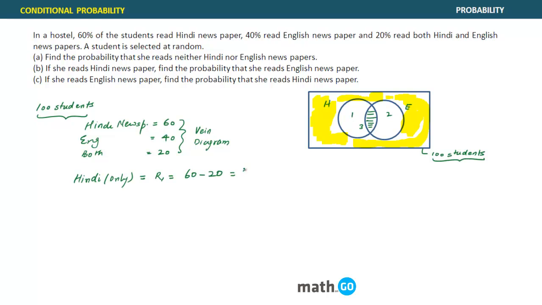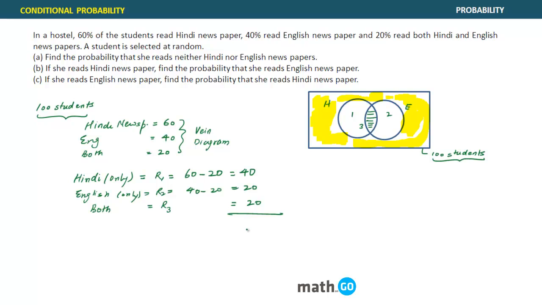Yes, 60 minus 20, that is 40. English only is your region 2, which is nothing but 40 minus 20, so 20 people who just read English. Both is your R3 region, which is already given to you as 20.